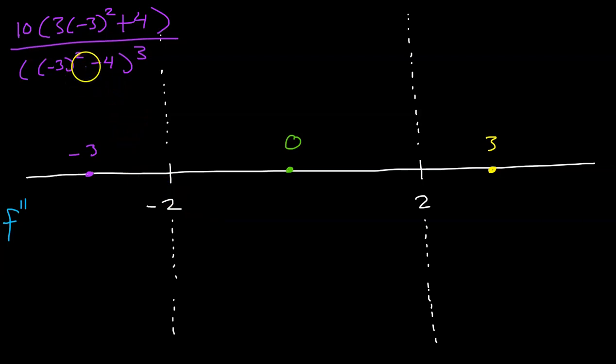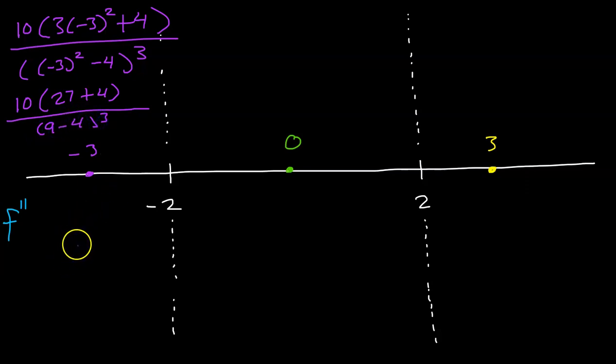So what's going to happen? So I'm going to have 10 times negative 3 squared is 9. 9 times 3 is 27. So I'm going to have 27 plus 4 in the numerator there. Down here I'm going to have 9 minus 4 cubed. All right, so let's talk about where the function is positive and negative.